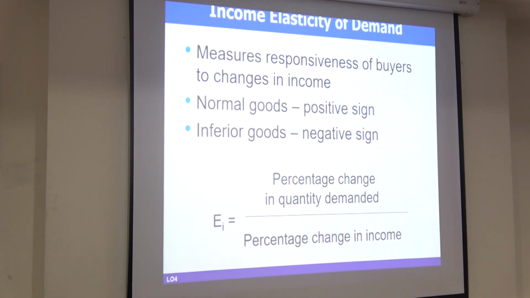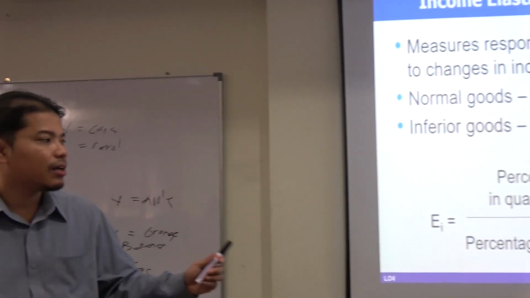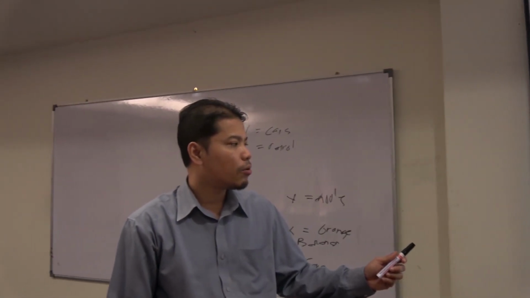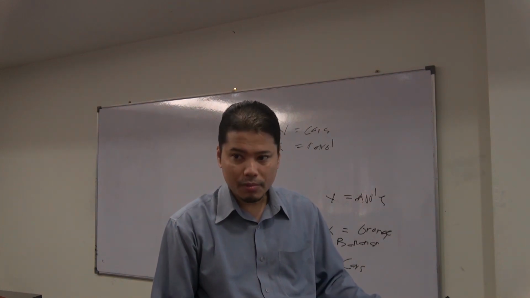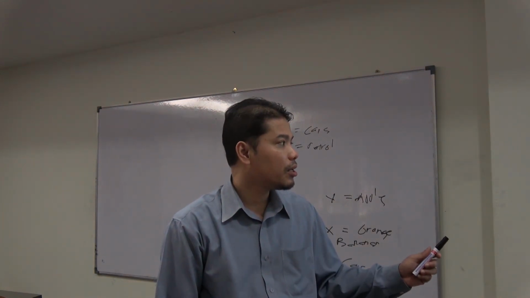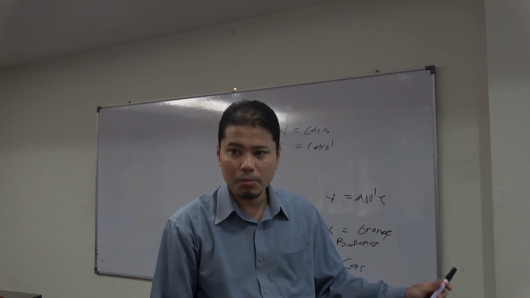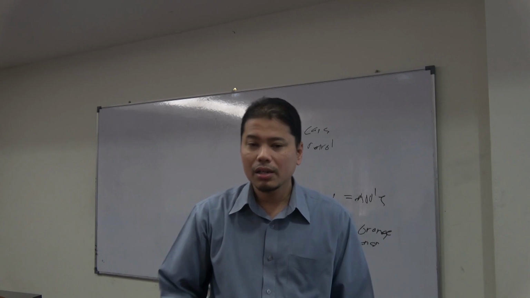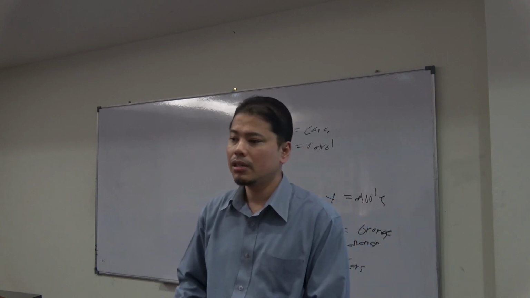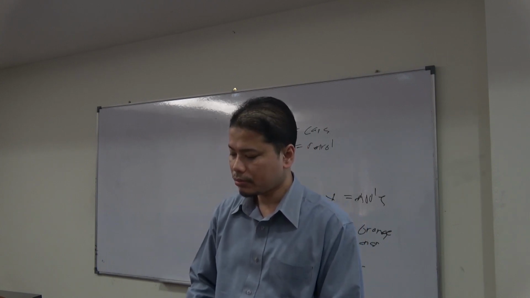So the summary is, whenever income and quantities of the product have a positive relationship, then the product can be concluded as a normal product. But if they have a negative relationship, then the products are considered to be inferior products.